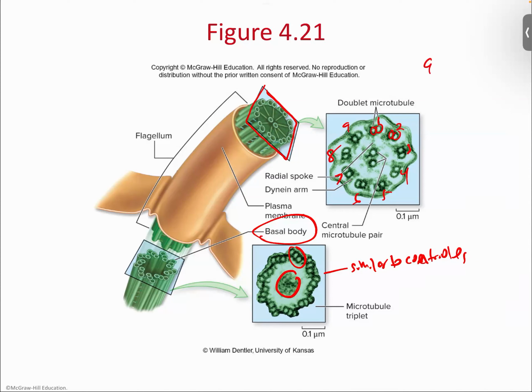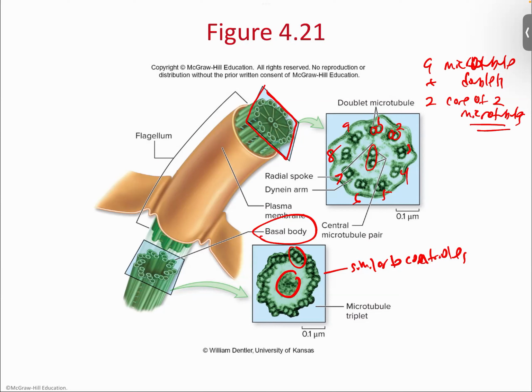So you have 9 microtubule doublets around a core of 2. Not connected. So that's your 9+2 structure. A ring of 9 doublets around a core of 2.